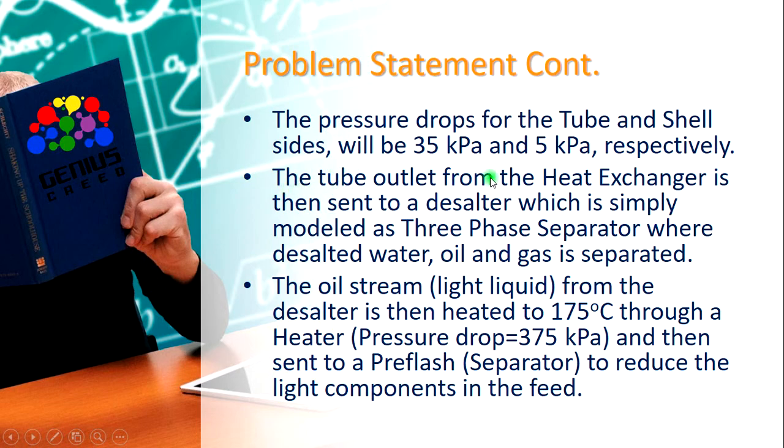Now the two outlets from the heat exchanger is then sent to a desalter, which is simply modeled as a 3-phase separator where the desalted water, oil and gas is separated. Now the oil stream, light liquid from the desalter, is then heated to 175 degrees Celsius through a heater with a pressure drop of 375 kilopascal, and then sent to a pre-flash using a separator to reduce the light component in the feed.